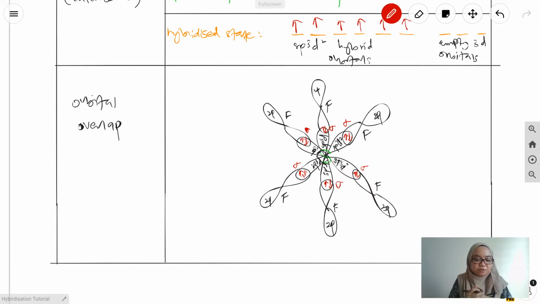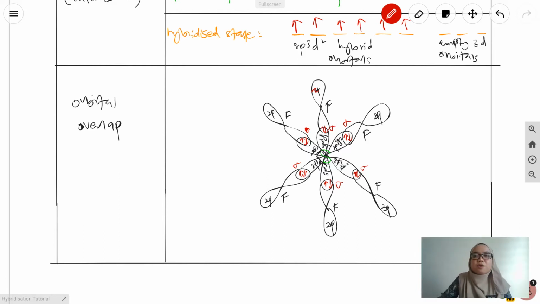So to explain this, we can explain the formation of sigma bond is by the end-to-end overlapping of one sp3d2 hybridized orbital of S atom with one 2p orbital of fluorine atom. And the molecular geometry is octahedral with bond angle of 90 degrees. That's it. That's the answer we want.